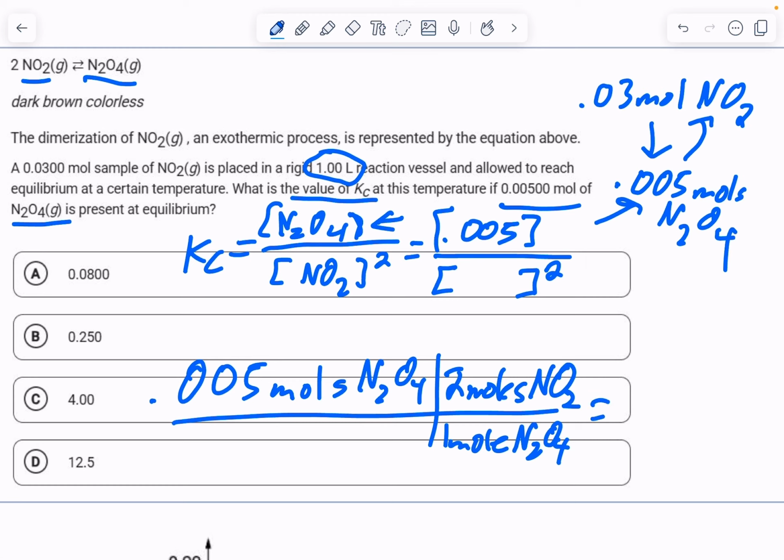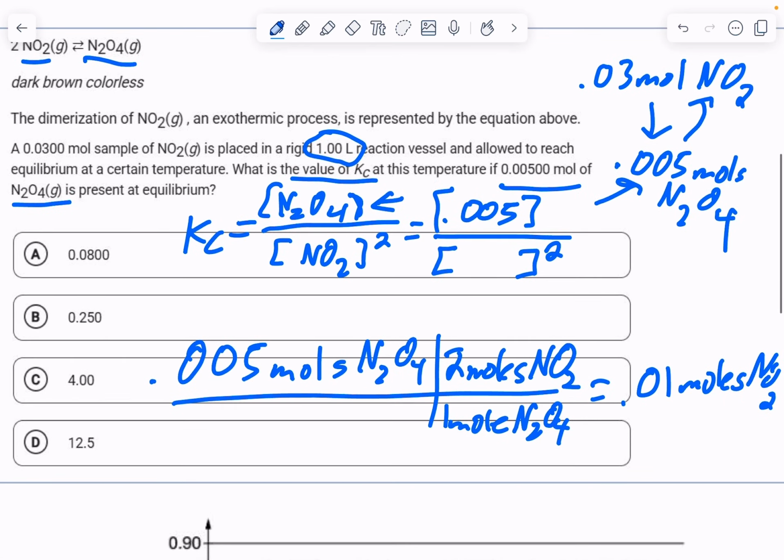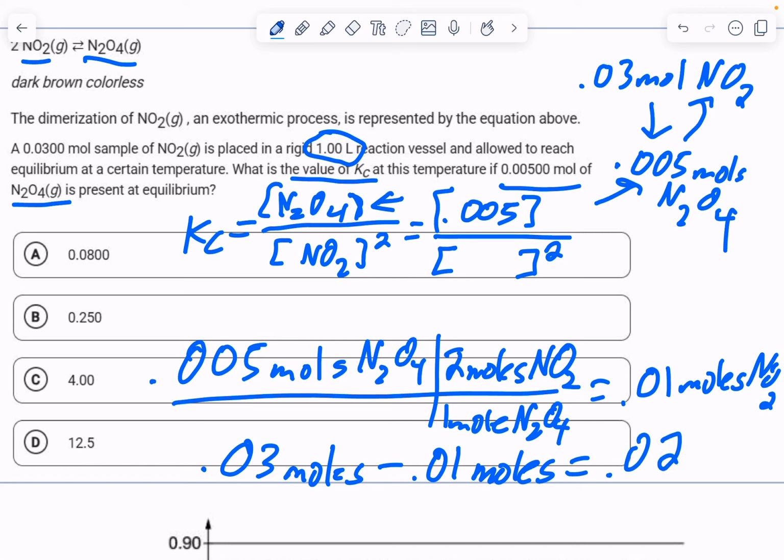I put in my calculator, 2 times 0.005, which is 0.01 moles of NO2. That's how much was used to make our product, which means I have to take that original 0.03 moles and subtract 0.01 moles from it, which means at equilibrium, there's 0.02 moles of NO2.